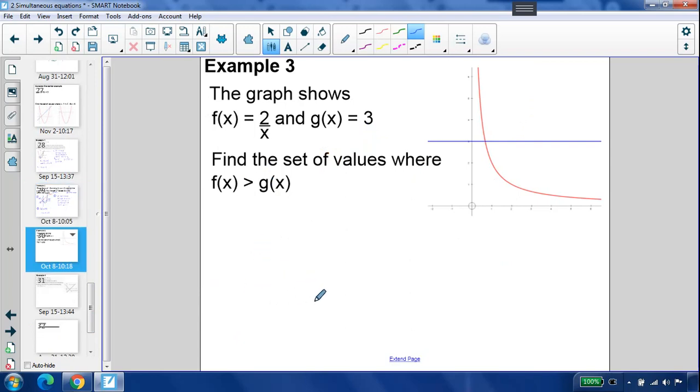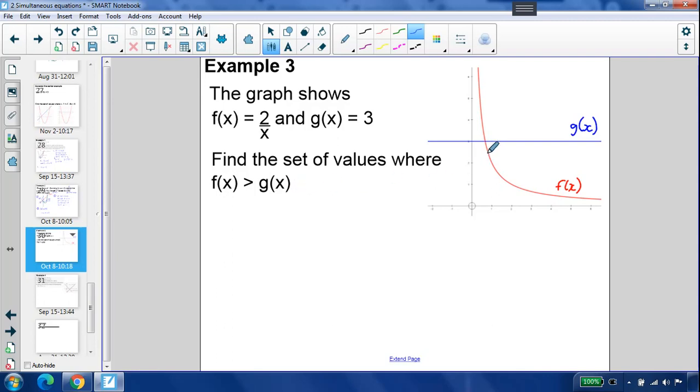Let's go on to example 3. So the graph shows f of x is equal to 2 over x. So this is going to be f of x here. And g of x is equal to 3. So this is going to be g of x. Now we've got to find the set of values where f of x is greater than g of x.